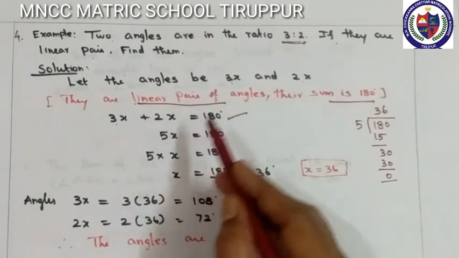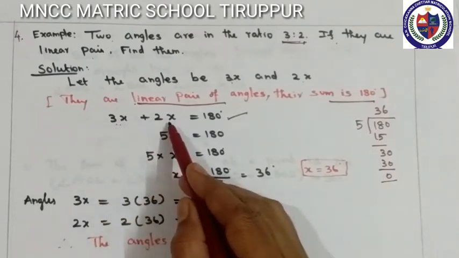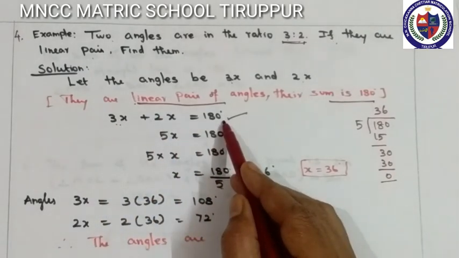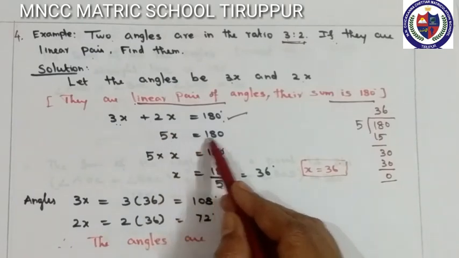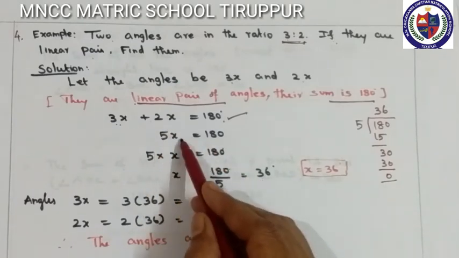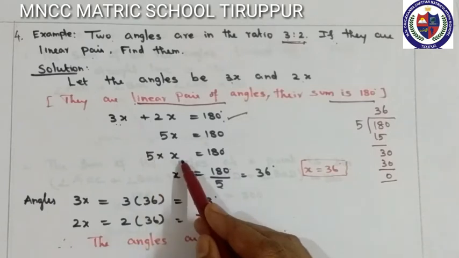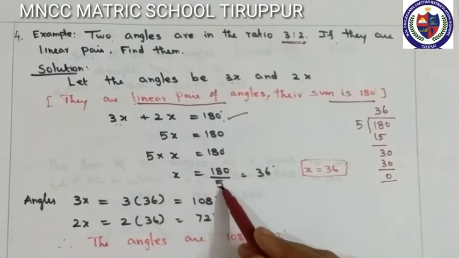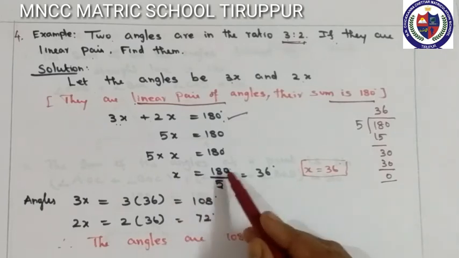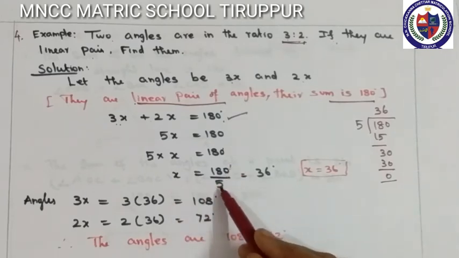So 3x plus 2x equals 5x equals 180 degree. 5x means 5 into x equals 180. Multiplied by 5 goes to the other side as divide. So x equals 180 divided by 5.